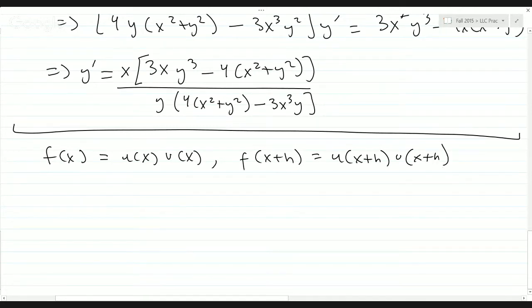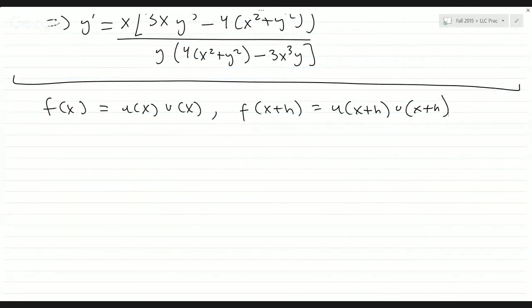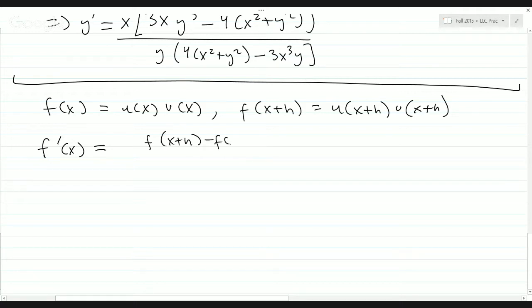All right, so they give us f of x is equal to u of x times v of x. So f of x plus h is x plus h plugged in wherever there is an x. So what is the definition of a derivative? f of x plus h minus f of x. Is this right?